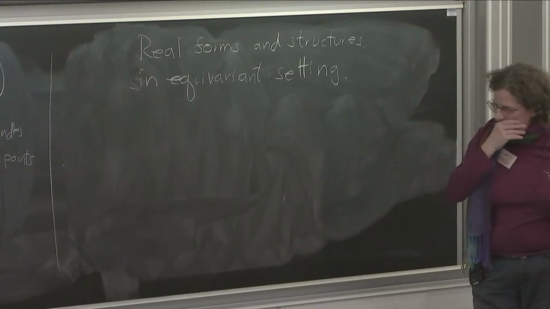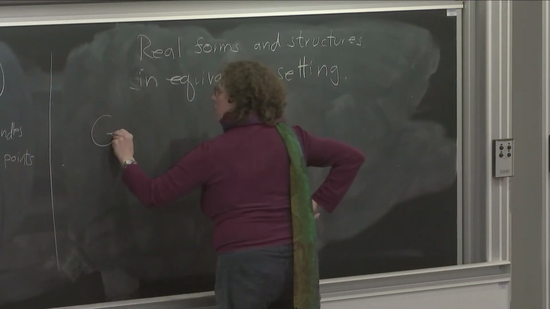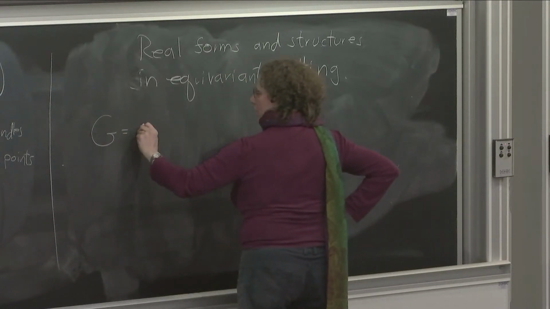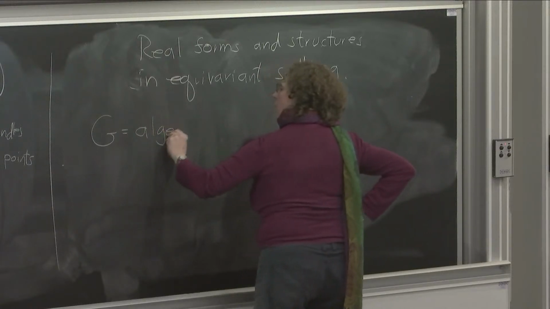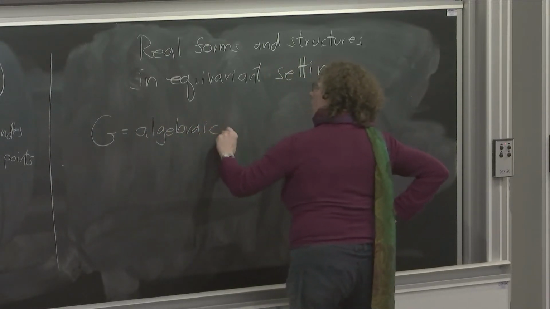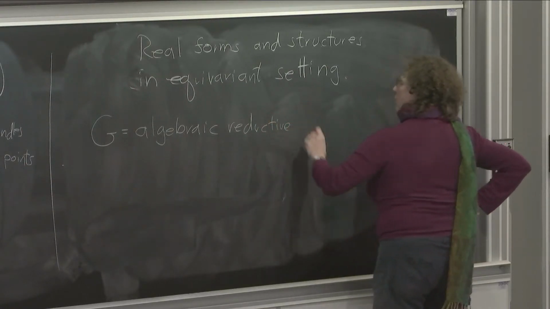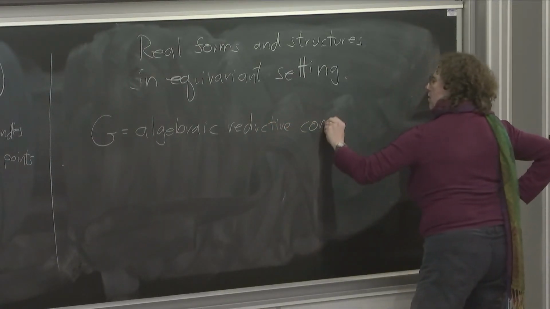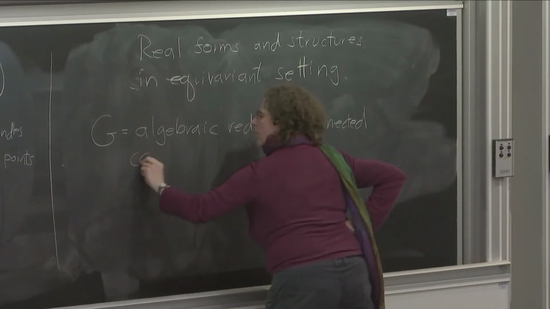So in this case, we take G to be an algebraic reductive connected complex group.